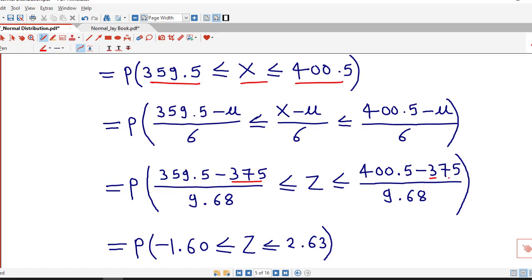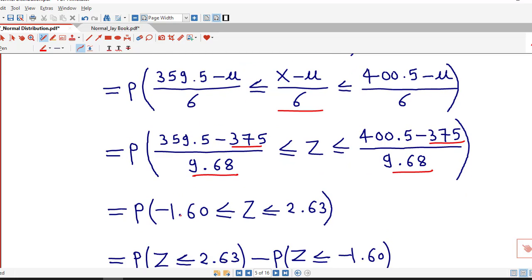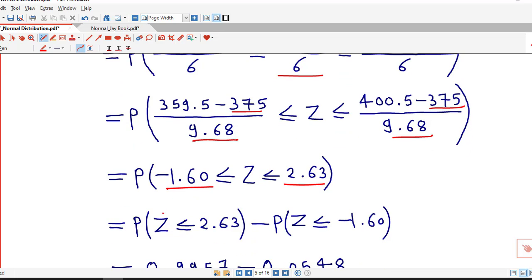Mu is 375, sigma is 9.68, and this is replaced by standard normal random variable Z. And after simplification, we have the probability that minus 1.60 is less than or equal to Z less than or equal to 2.63. And this is nothing but the probability that Z is less than or equal to 2.63 minus the probability that Z is less than or equal to minus 1.60.